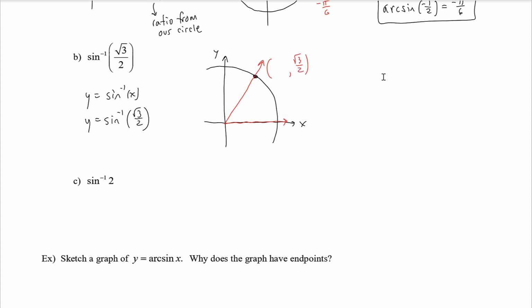The angle across from √3/2 on the unit circle is 60 degrees. So this is π/3 radians. So there we go. I've got the angle that gives me that sine ratio. So inverse sine of, I'm going to use parentheses just to make this clear, √3/2 is π/3 radians.